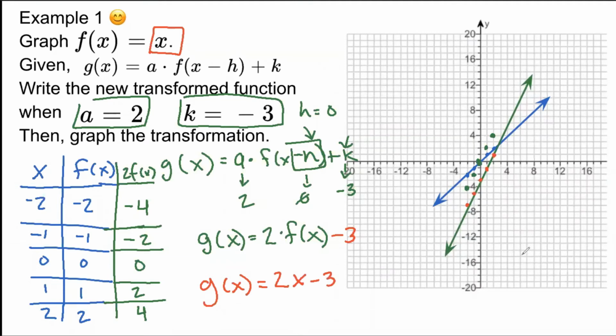And we can check that out. Notice that it's a linear function, we have that y-intercept of -3 and the slope of +2, up 2 over 1. So this is what we consider our parent function.